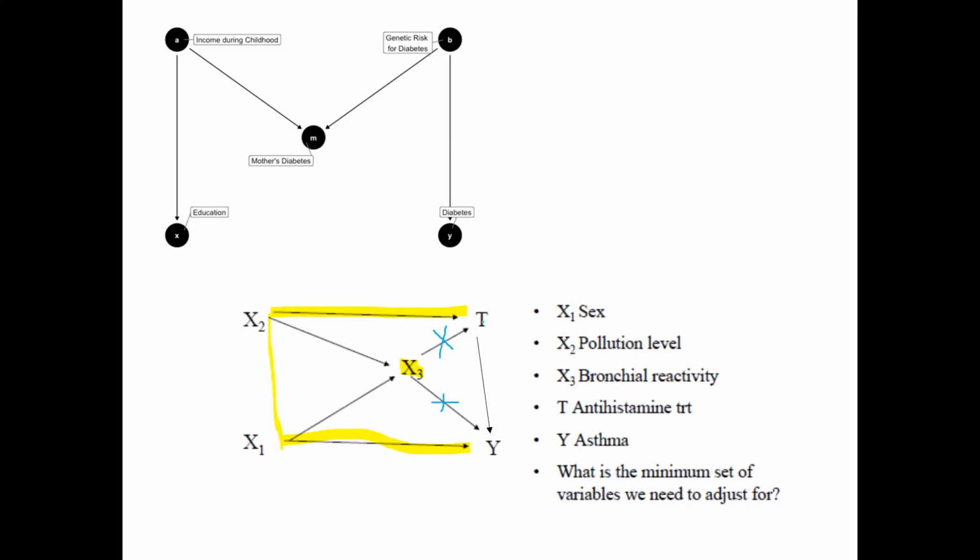And this one, T, X3, X1, Y, is already blocked because I adjusted on X3. You remember there were 5 paths here. I need to block all these paths. So when I adjust on X3, the first one is blocked. The T, X3, X1, Y is blocked because I adjusted on one variable of the backdoor path. So this is done.